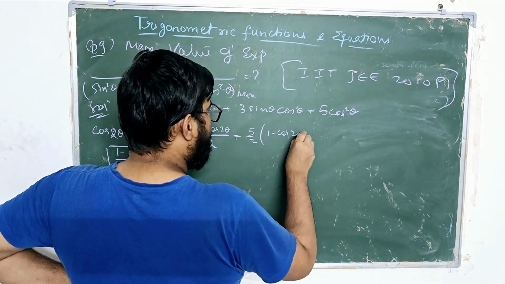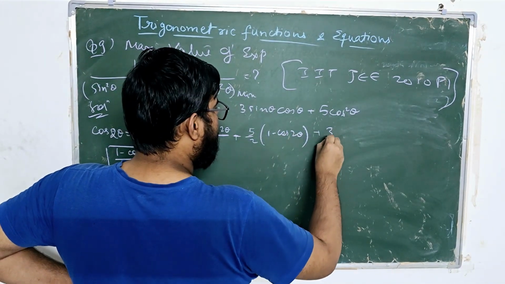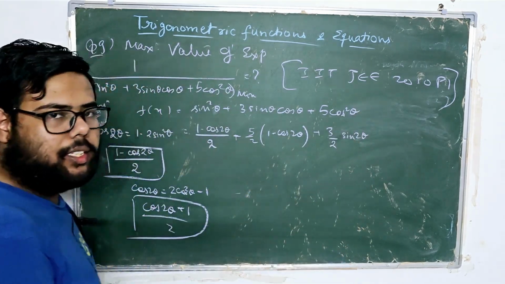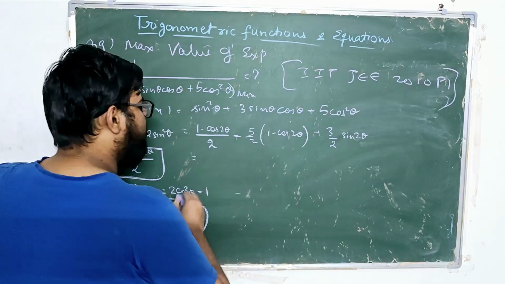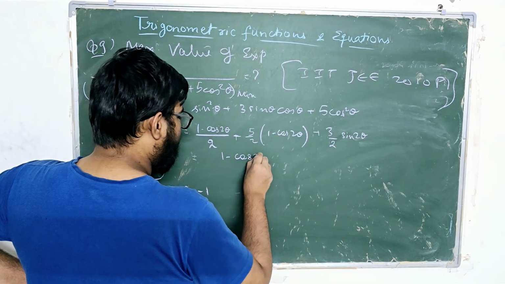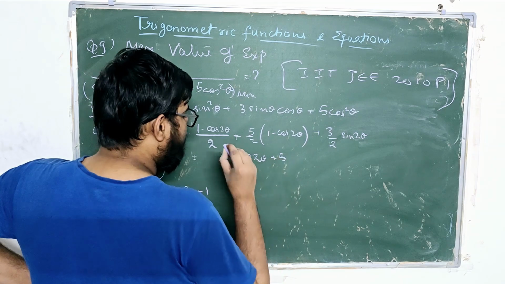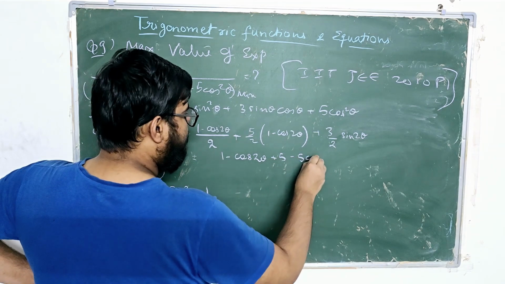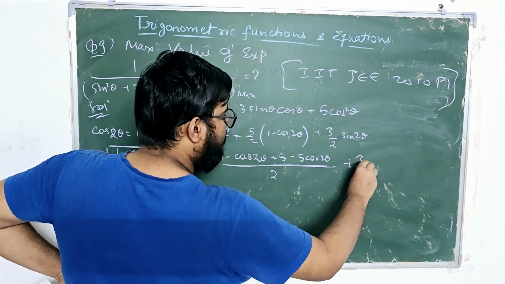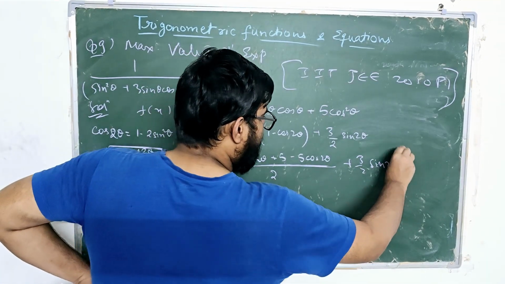1 minus cos 2 theta plus 3 by 2 sine of 2 theta. Correct? We have this expression. Now just simplify it. 1 minus cos of 2 theta plus 5 minus 5 cos of 2 theta divided by 2 plus 3 by 2 sine of 2 theta.